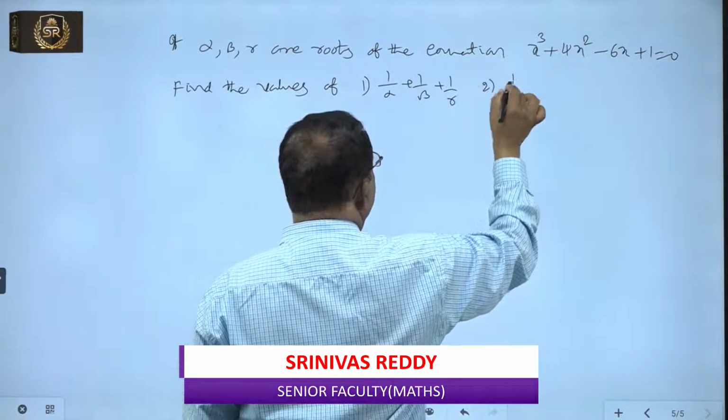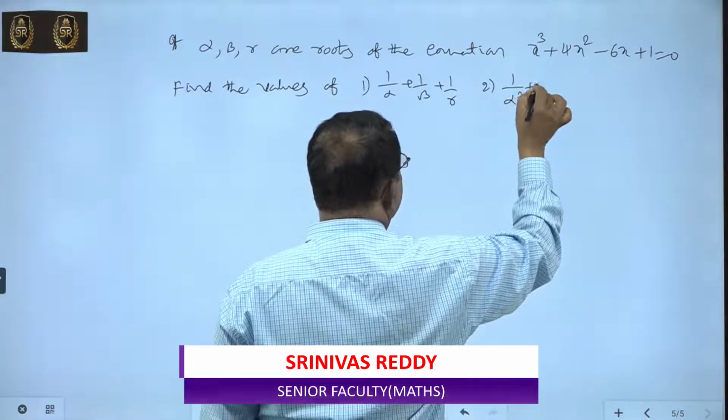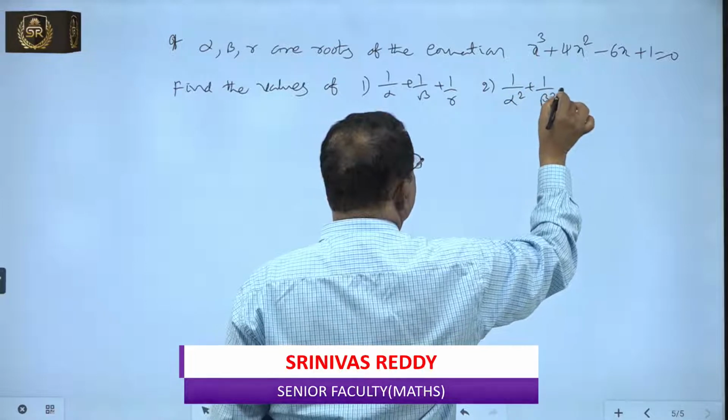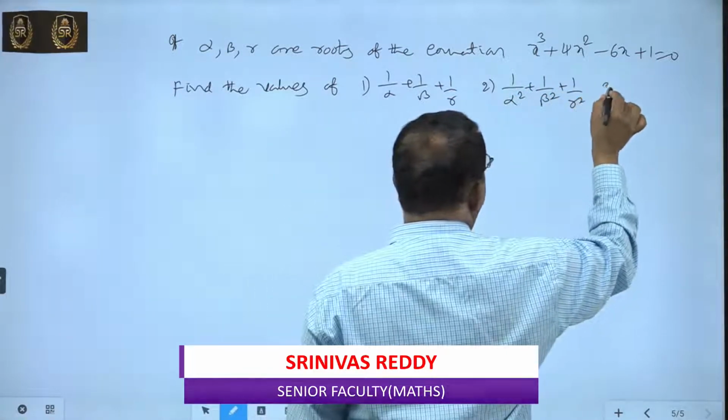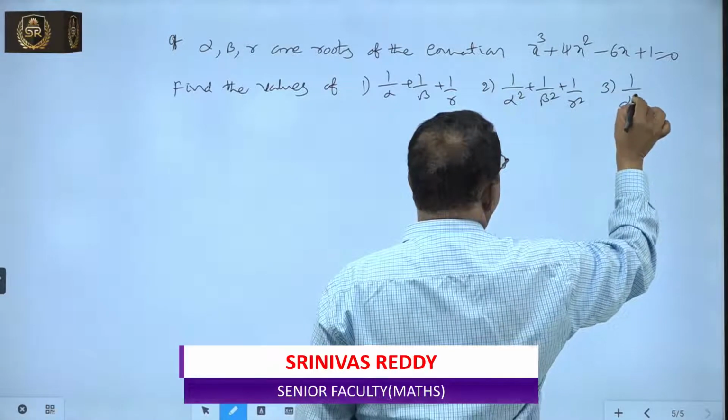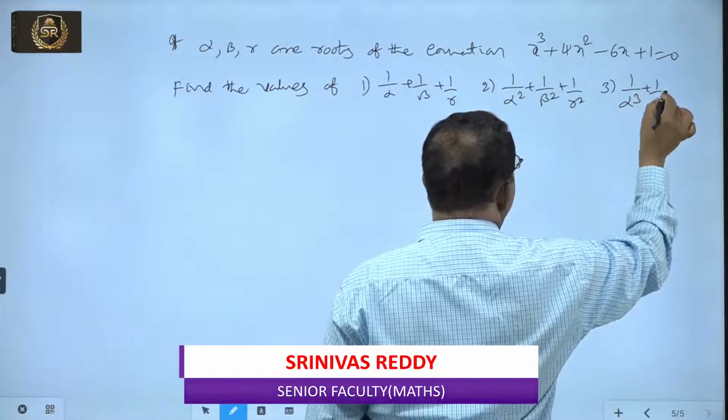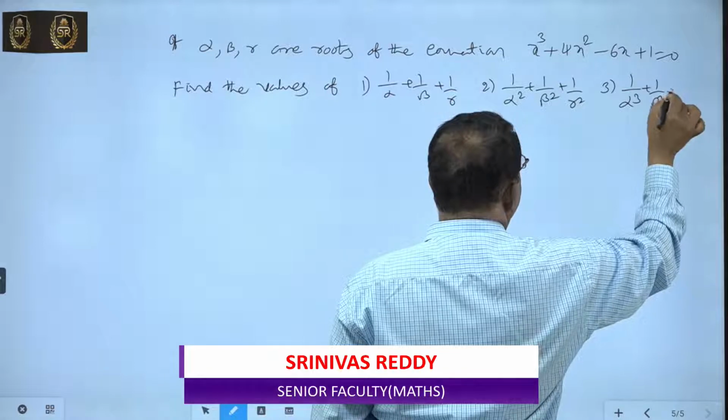Second, 1 by alpha square plus 1 by beta square plus 1 by gamma square. Third, 1 by alpha cube plus 1 by beta cube plus 1 by gamma cube.